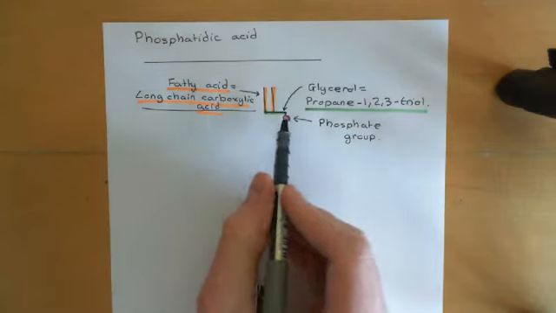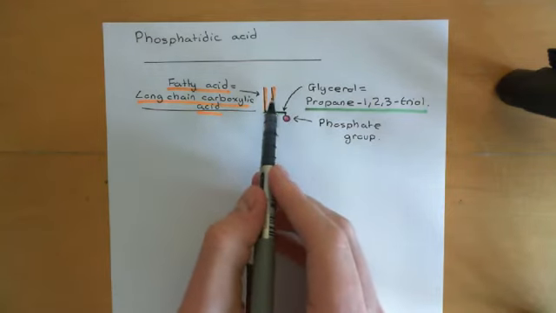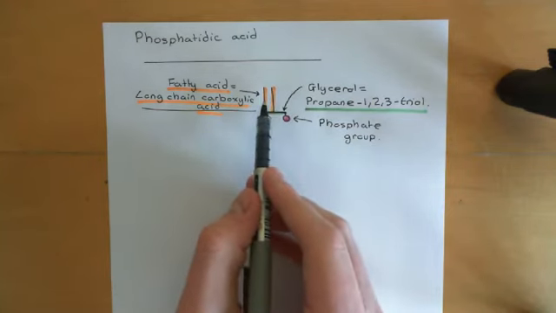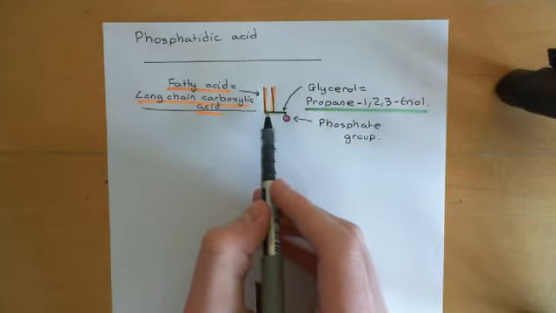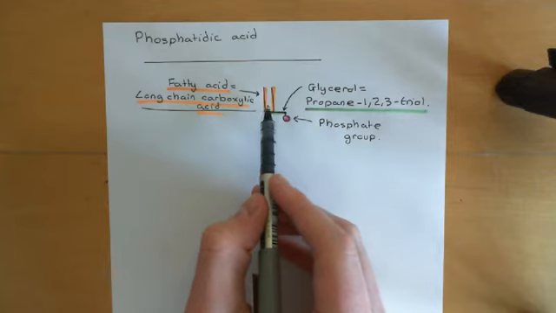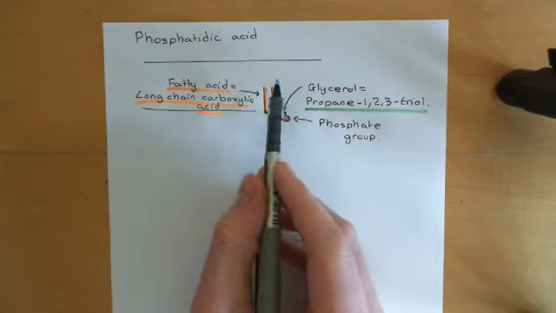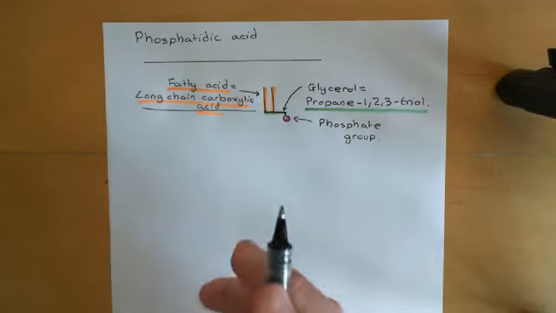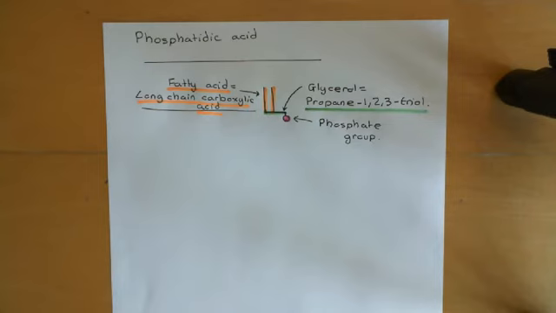So we've got a phosphate group here, and these 2 long-chain carboxylic acids that we've got esterified onto the alcohol groups of the first and second carbon, those fulfill the lipid requirement. So phosphatidic acid is itself a phospholipid molecule, and it is present to some degree in the phospholipid bilayer.